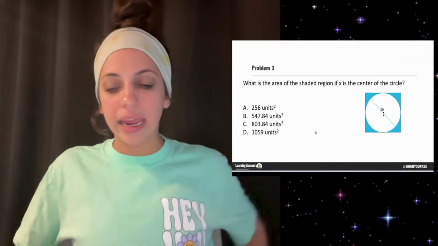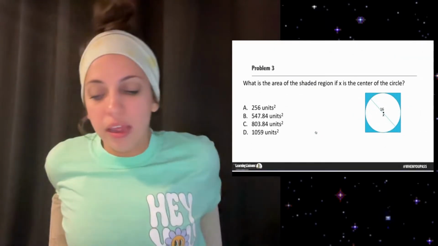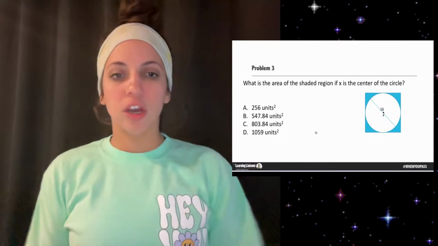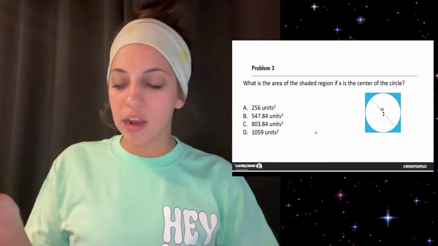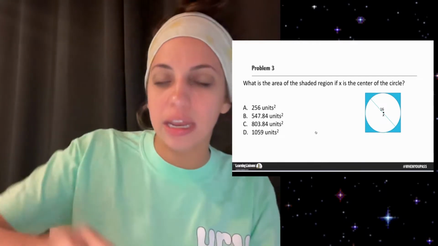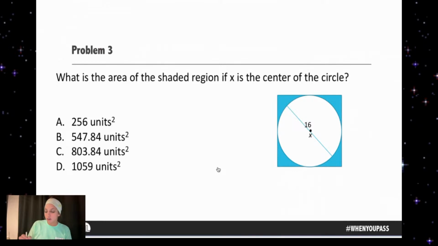All right, what is the area of the shaded region if X is the center of the circle? So all I'm trying to do is find the area of each one of these little sections and add them together. No, those are not triangles because they have a curved edge, and triangles do not have a curved edge.